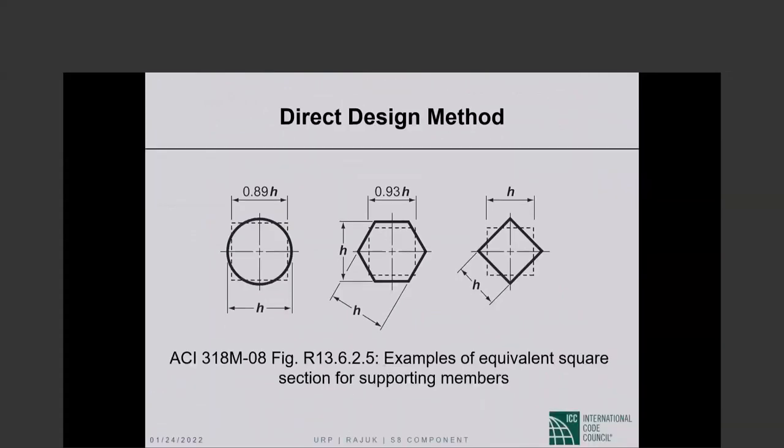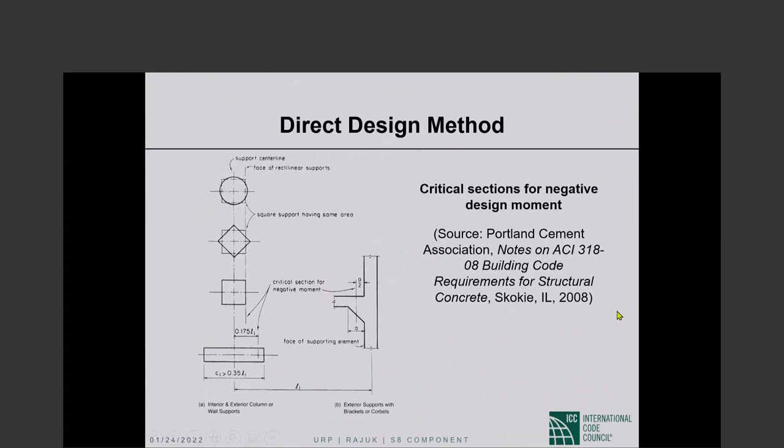So this is what is shown here. Circular you can replace by the square support. Now this may be helpful. Support face will be the face of this square. Support face here will be the face of this. Support face here is unchanged. Now this is a very long column.